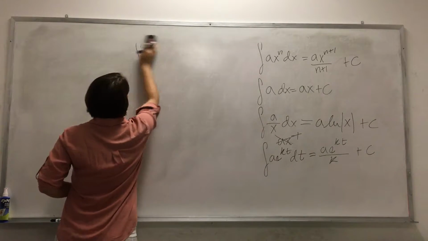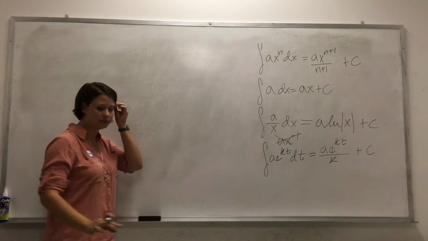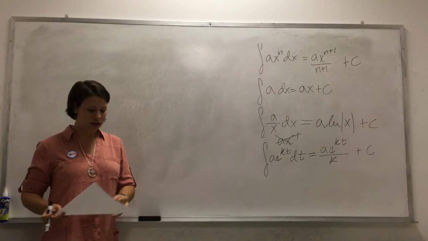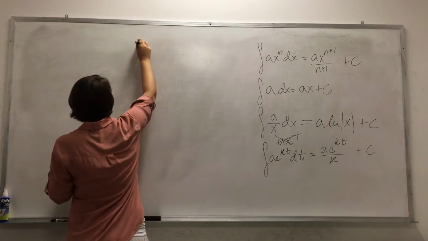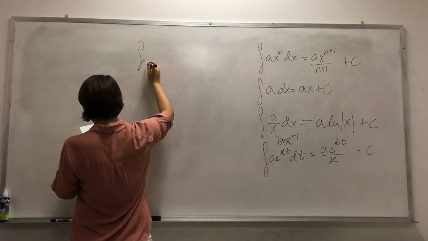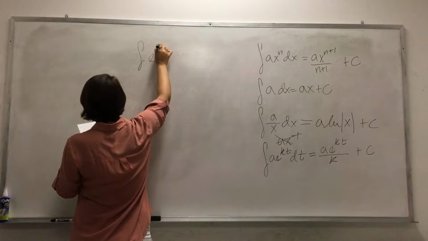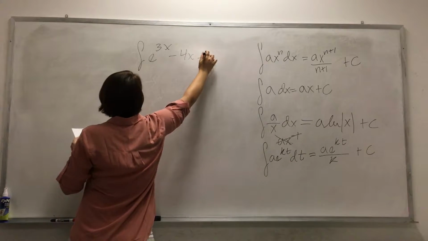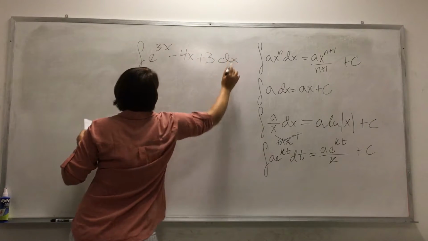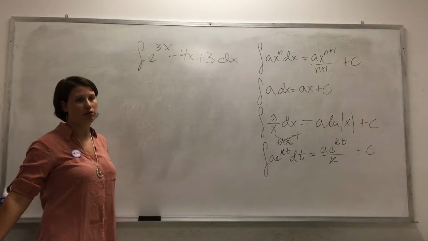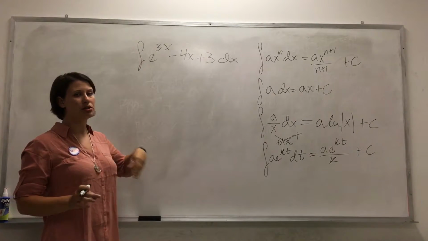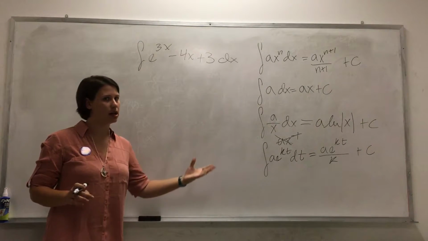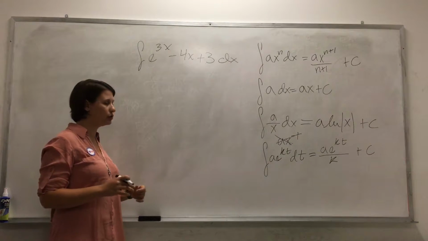So, then, next problem. If we have the integral of e to the 3x minus 4x plus 3 dx. So, multiple terms, just hit them one as they come. Okay, same as derivative.